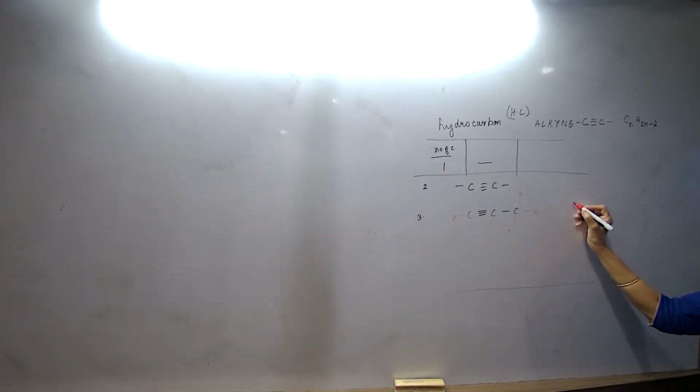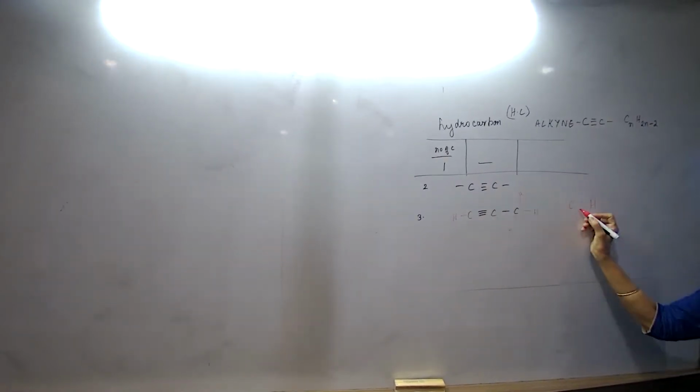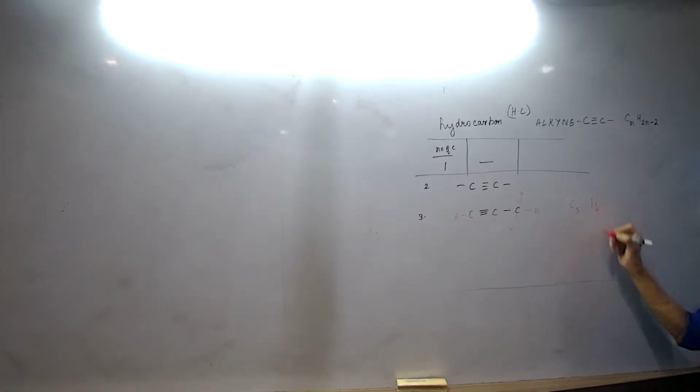So now we are going to write down the formula C and H. How many carbons? 1, 2, 3. How many hydrogens? You've got 3 plus 1, 4. C3H4. Do you remember? One carbon is what? Meth.